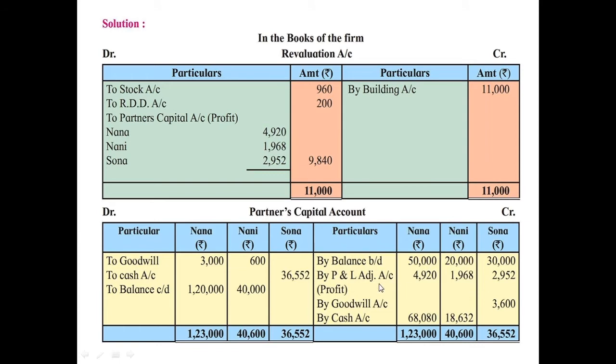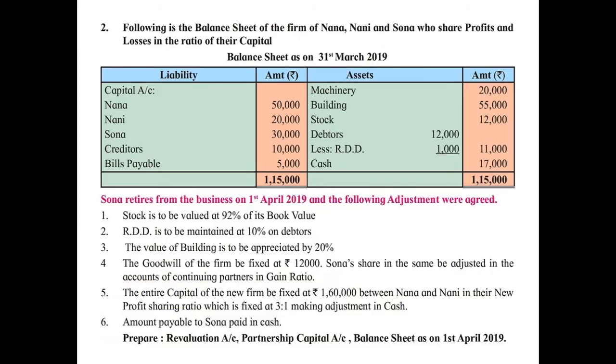Now we are going to study further adjustments which are given in the question. Fourth adjustment is about the goodwill. The goodwill of the firm is fixed at rupees 12,000. So this is the goodwill for all the three partners. What is given further?